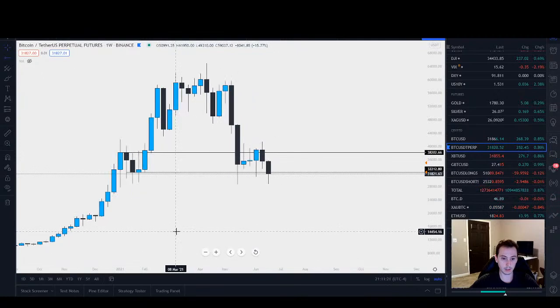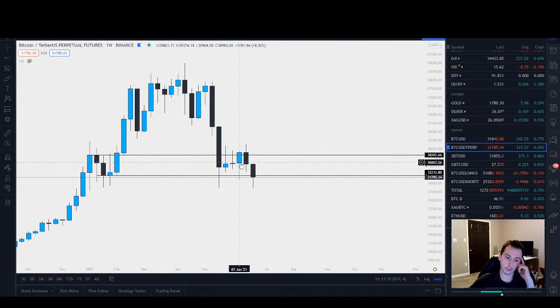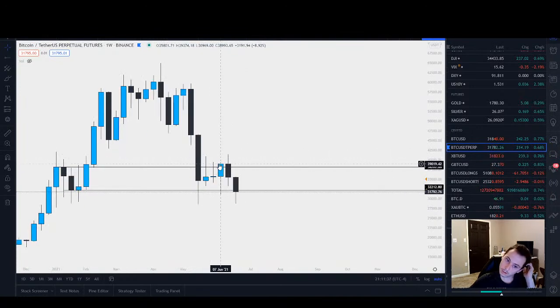Something that always trips me up is when you get something like this, where the level is here based on this candle close, but then there's one right above it on this one, and I'm always like, should I draw another one here? It's so close to this one. I'm still trying to figure out which one's more significant.